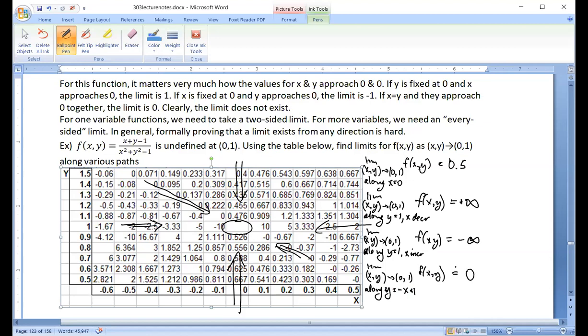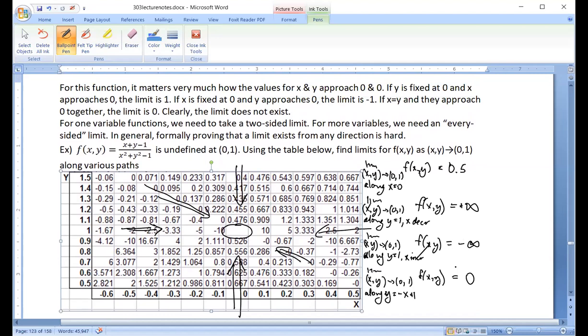So either direction, that limit is 0. And there are again other paths you can take, but here we've looked at it from 6 different directions, along 3 different lines. Okay. And so that's the notation we can use.